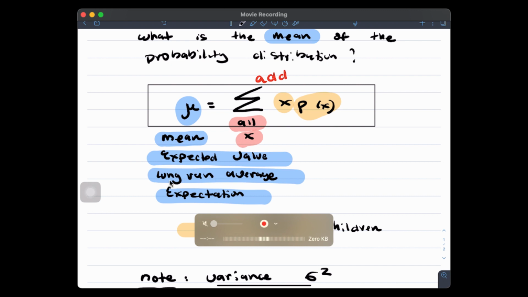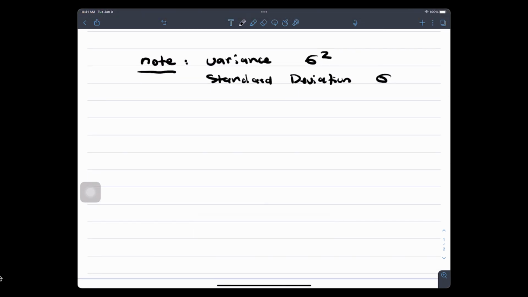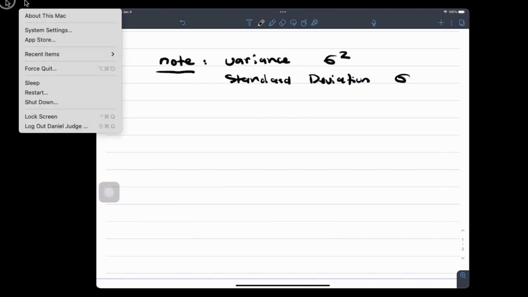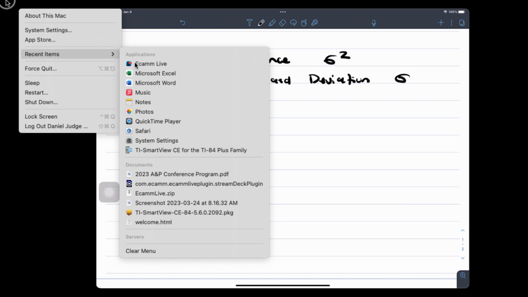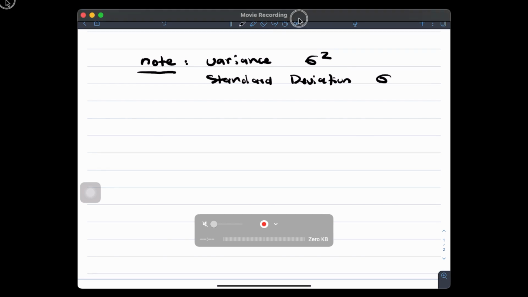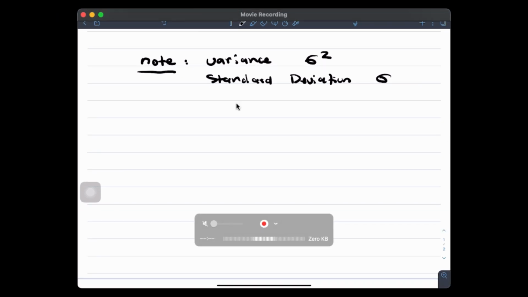Anyway, okay. So Mu. Whatever happened to our screen? Don't know where it is, but okay. Where do I do this here? I lost the Ecamm Live screen, but okay, not sure what that is.